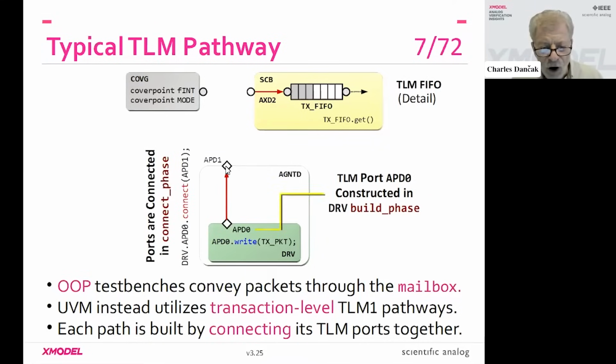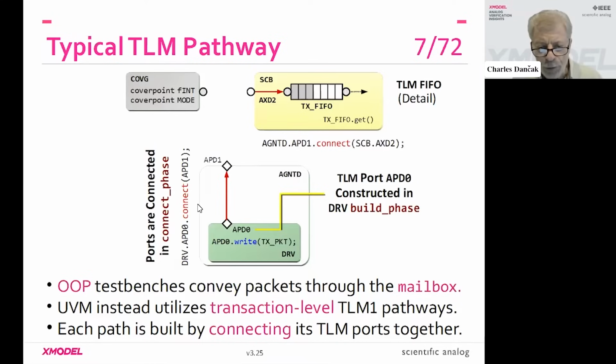We also need a corresponding port on the agent. And when they're in place, we can then, during connect phase, invoke the connect method, and this thin red arrow symbolizes the connection path, the TLM pathway. We'll talk about phases in our fourth axiom, by the way.